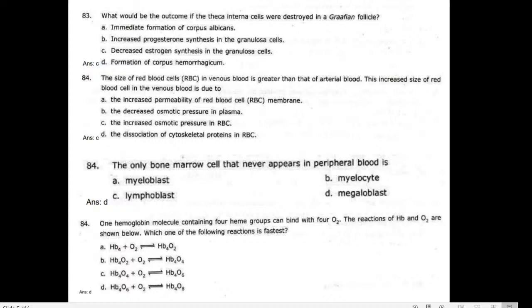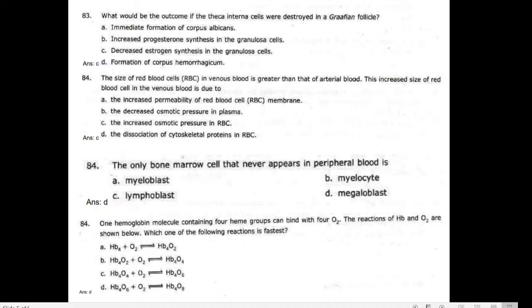The theca interna cells have receptors for luteinizing hormone. Luteinizing hormone is another hormone involved in the Graafian follicle formation, produced before the ovulation process.